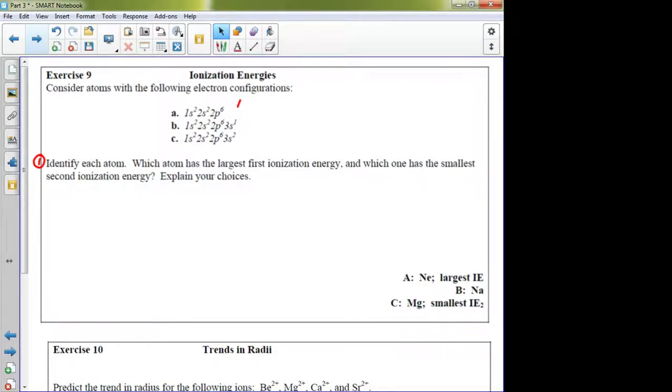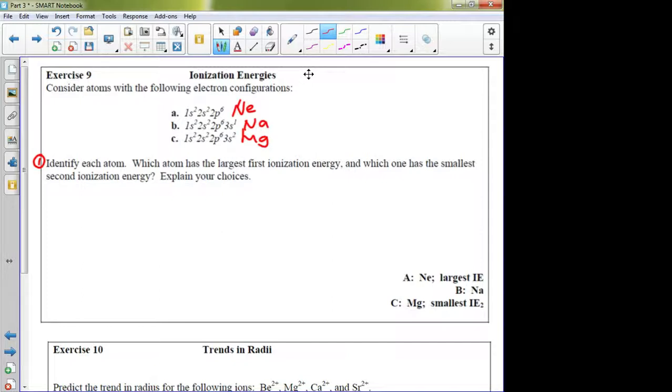What's 1s2, 2s2, 2p6, 3s1? Sodium. What's 1s2, 2s2, 2p6, 3s2? Magnesium. You don't need to say it all, just say the last one.